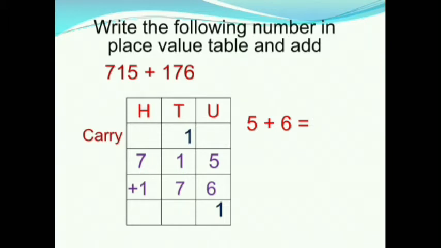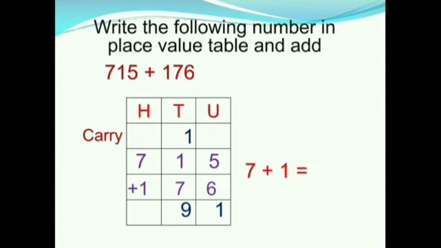Next, which place digits we should add? Next we should add tens place digits. Which digits are there in the tens place? The digits in the tens place: 1 plus 1 plus 7 is equal to 9. Write 9 in tens place. Next we should add digits in the hundreds place.